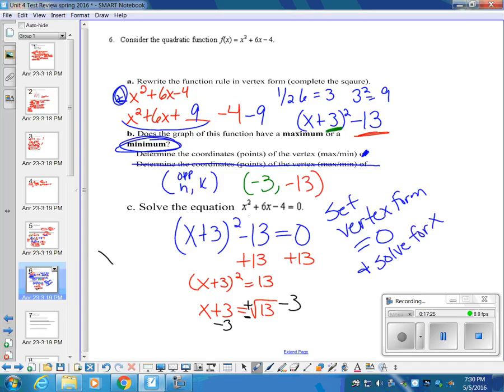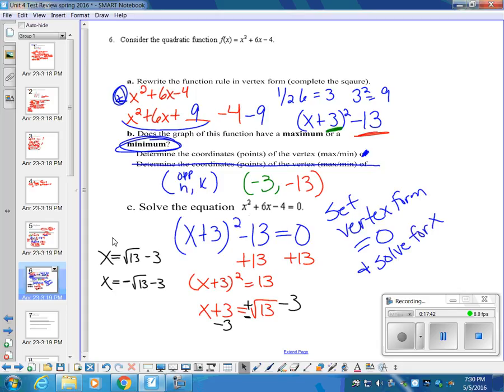So now we get our two answers. The square root of 13 minus 3. The negative square root of 13 minus 3. Okay?